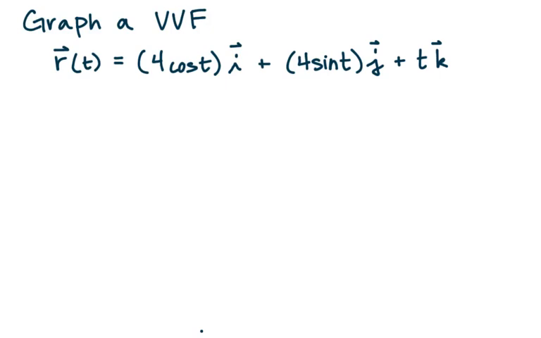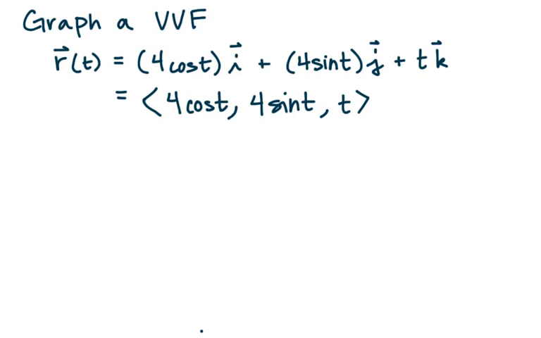So here we're given the vector valued function r of t equals 4 cosine t times i plus 4 sine t times j plus t times k. And of course, we could think about this in component form, just reiterating that these two notations mean the same thing. So we have an x, a y, and a z component here.